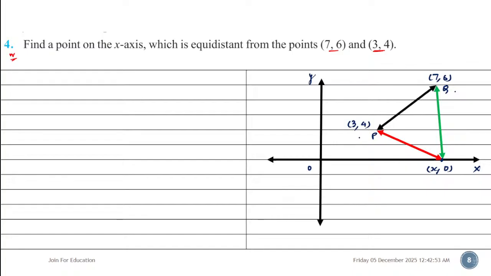In this question, we have to find the value of x, and the value of y is 0. Find the point on the x-axis which is equidistant.